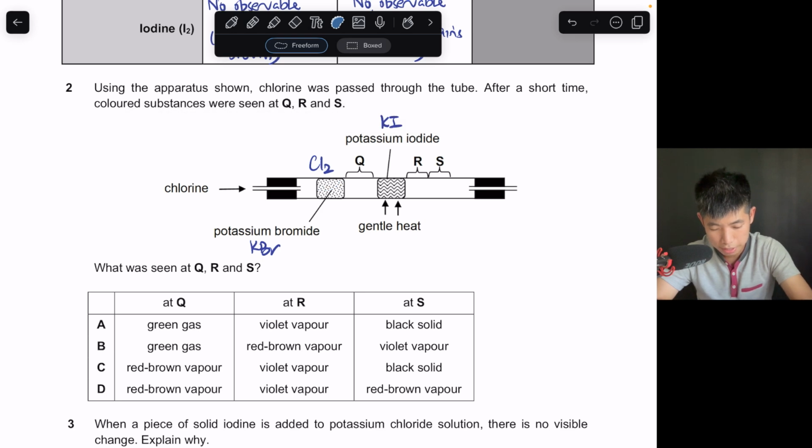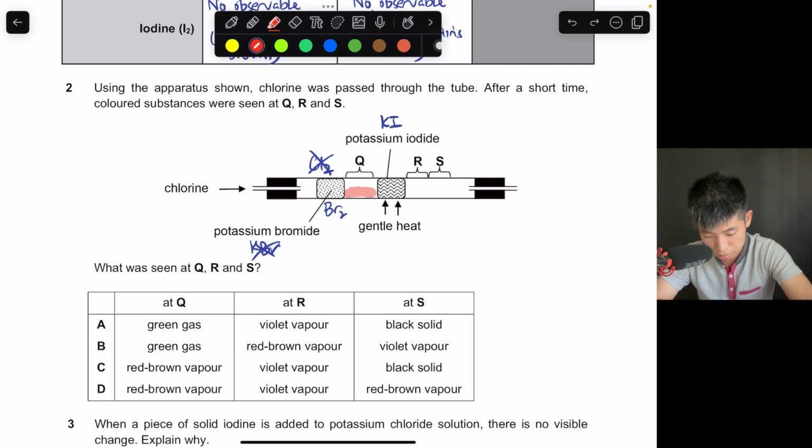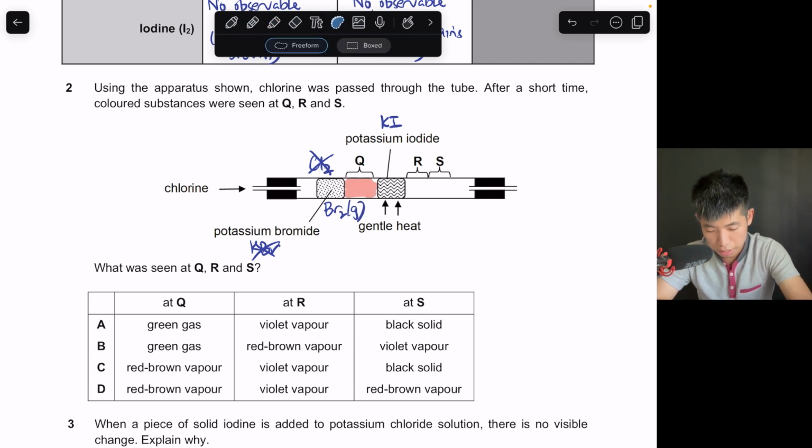Chlorine is more reactive than bromine. Chlorine displaces bromine. This will be reacted away, and you form bromine. So at Q, you should have reddish brown vapor. And when the bromine gas further diffuses in here, it reacts with potassium iodide.